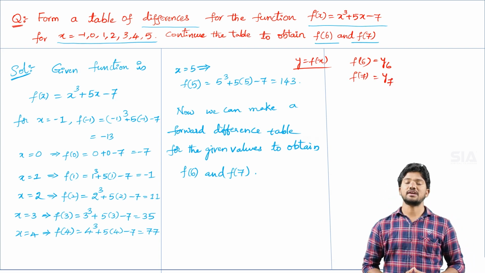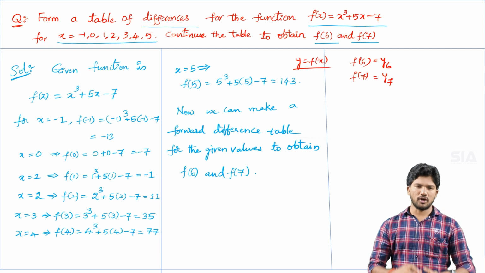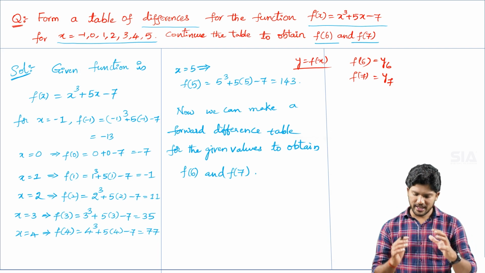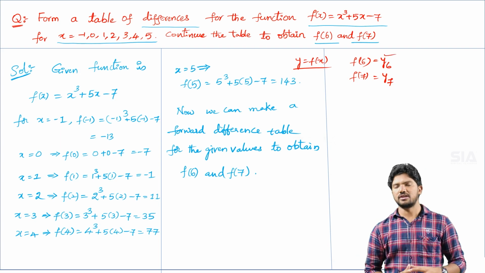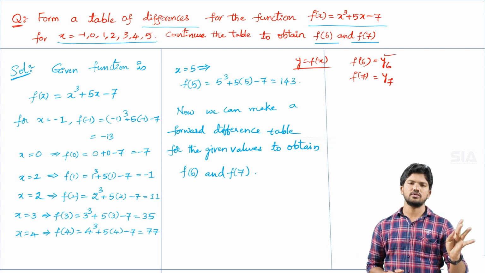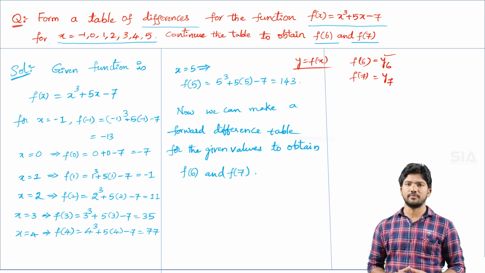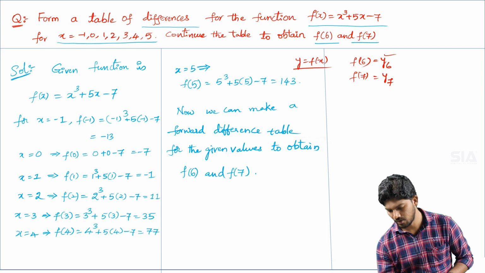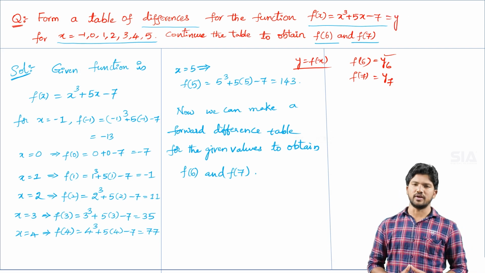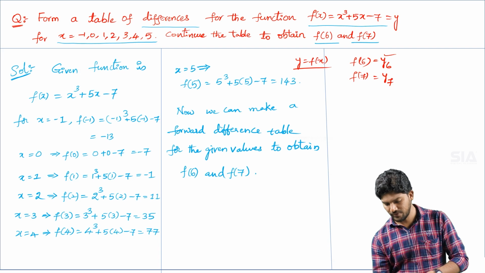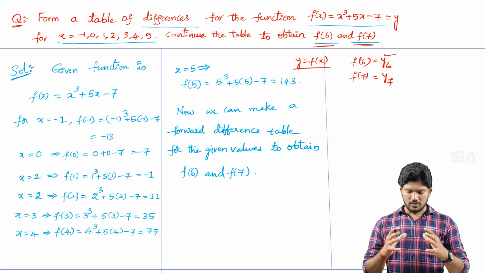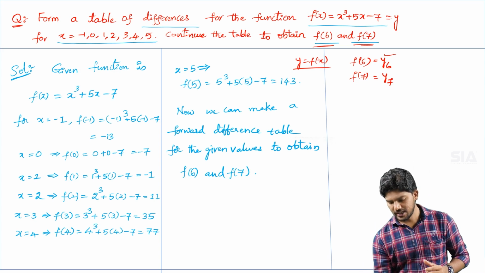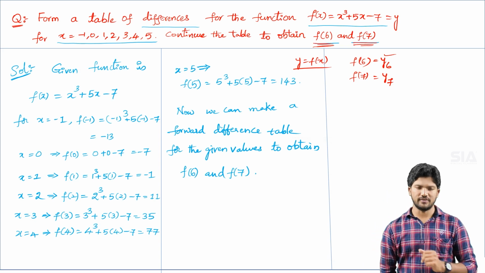In the problem they gave only the x values, so we have to find the corresponding y values, that is y0, y1, y2, y3, y4, y5, y6, y7. The source is this function, y is equal to f of x, given as the cubic polynomial x cube plus 5x minus 7. With the help of it we have to find f of 6 and f of 7.